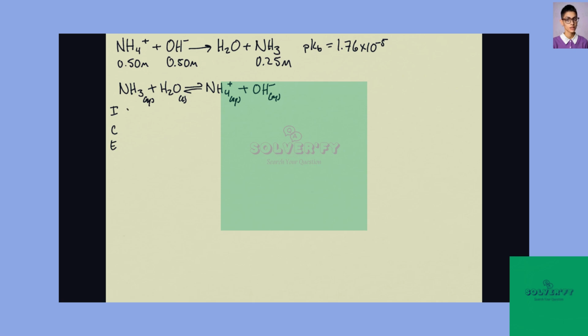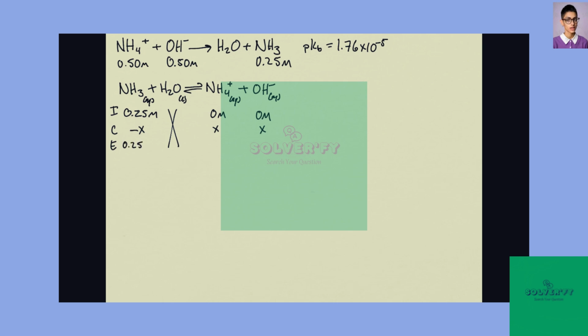We start with 0.25 molar NH3. Again, we can ignore water since it's a liquid. We have initially 0 molar NH4 plus and 0 molar OH minus. Then for the change, we have an unknown amount of NH3 reacting to form that same amount of NH4 plus and OH minus.